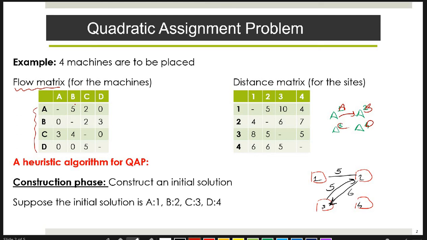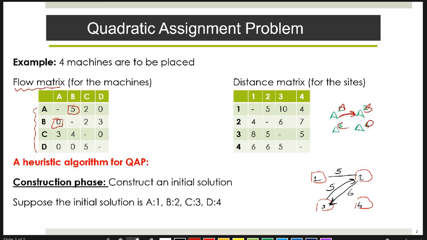The flow from A to B is 5, which means we need to transport material from machine A to B, let's say 5 times. But from B to A, we are not moving anything. This is realistic and can happen in real life, so this matrix also is not symmetric.